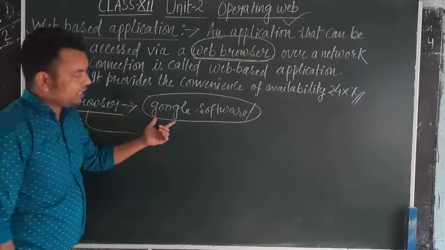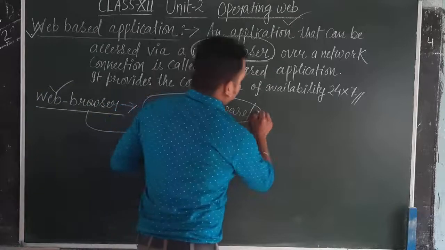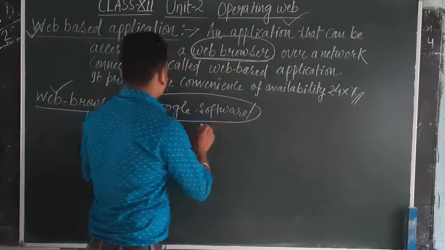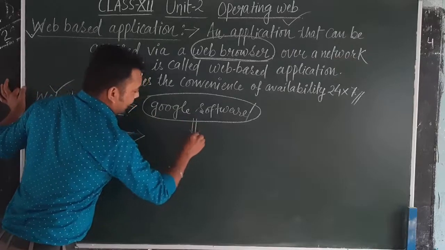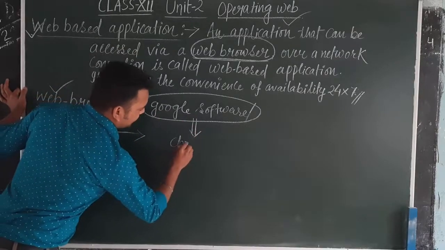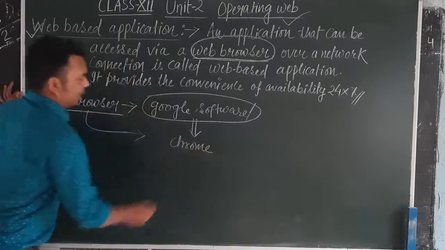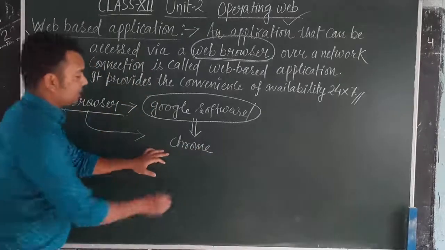Similar to Google, many web browsers are there. Sorry, Chrome. That particular software has a specific name that is known as Chrome. Similar to Chrome, a few more web browsers are there.